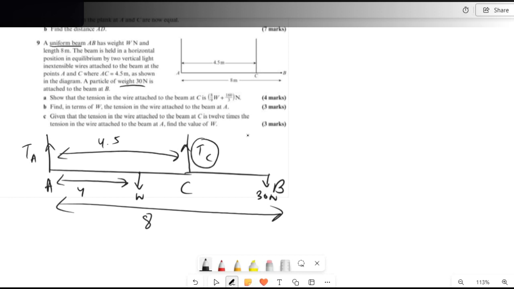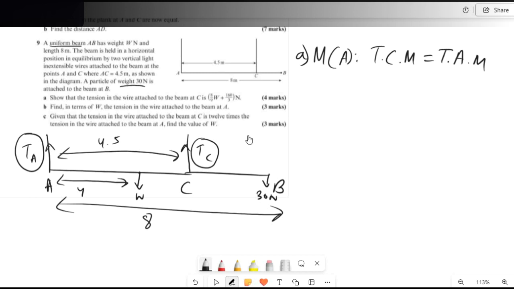So just like before, what we have to do is take moments about A to cancel out the effects of TA. So for number A, taking moments about A, the total clockwise moment is going to be equal to the total anti-clockwise moment. And now if you look at the directions, clockwise is going to be this.